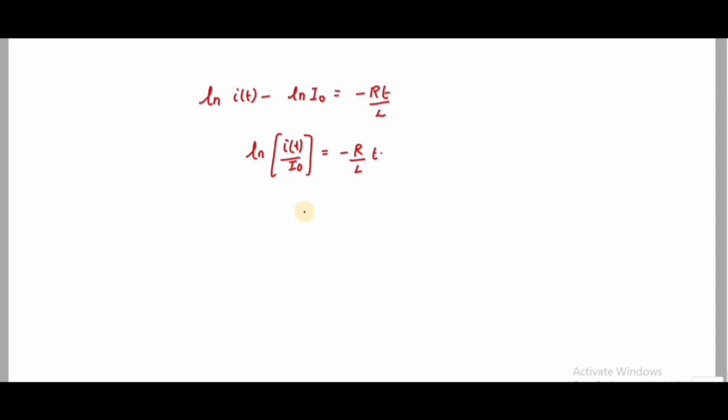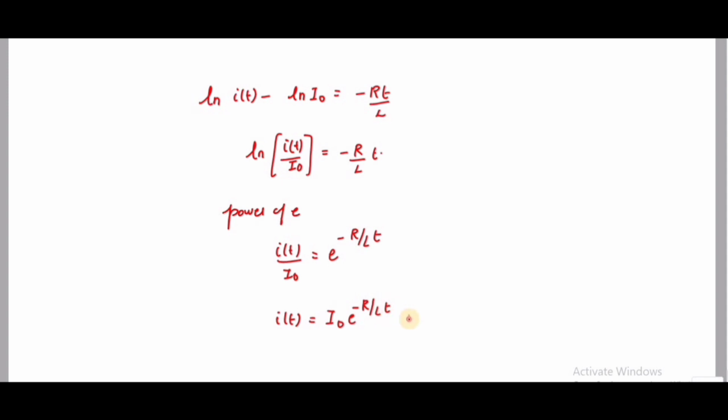On taking power of e on both sides, I of t by I naught is equal to e power minus R by L of t. So I can write I of t is equal to I naught into e power minus R by L of t.